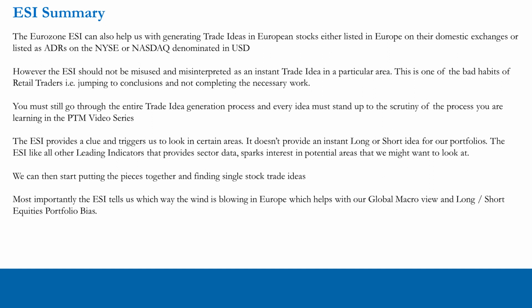But of course, we can look at the sector data and find potential areas of interest, but then we have to go and do the work on the actual stocks themselves. Okay, so that about wraps it up for the European Economic Sentiment Indicator, the ESI.